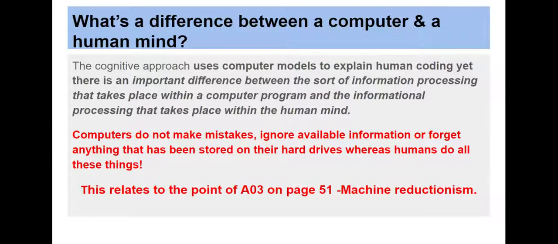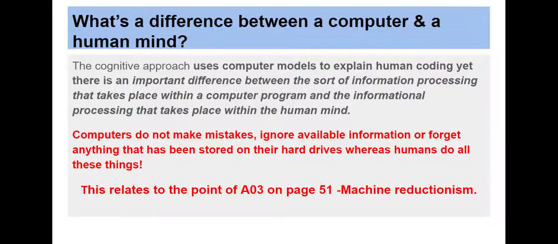Now, this relates to a point of AO3. This is on page 51, and it relates to the idea of machine reductionism. So I would suggest that you fill out that box on page 51 on machine reductionism.